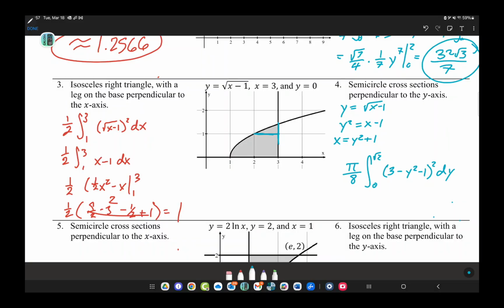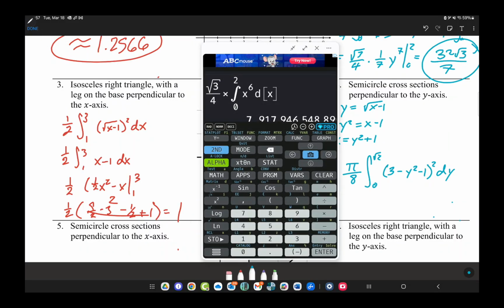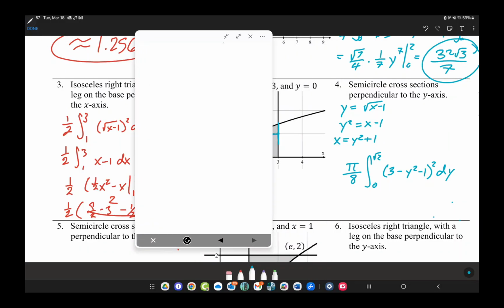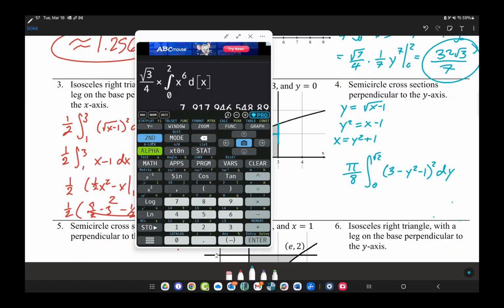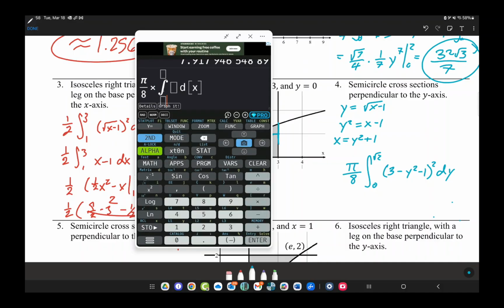And I'm just going to plug it in the calculator. I'm not doing that one by hand. 3 minus 1 we can just write as 2.